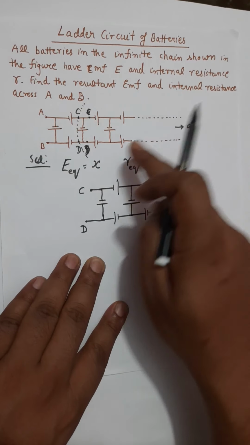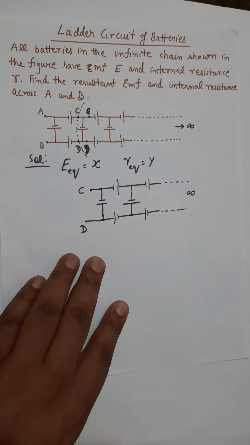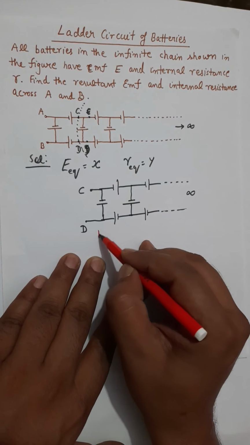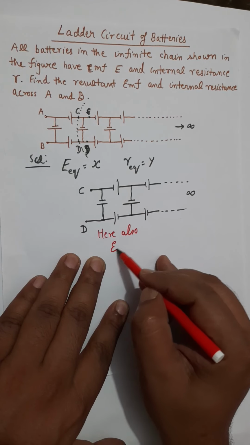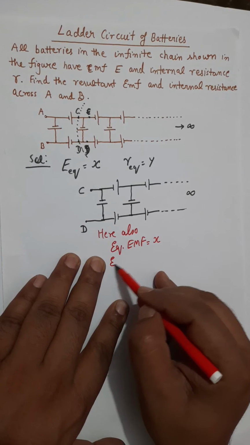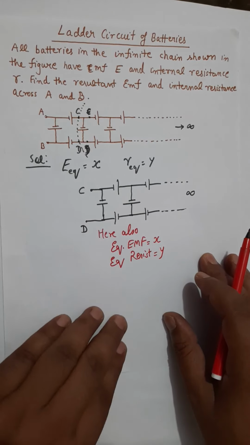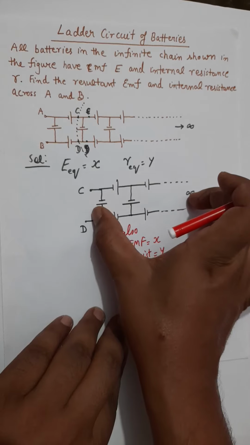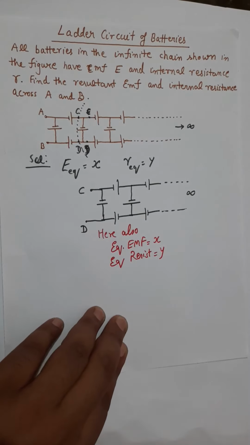So if this circuit has equivalent EMF X and equivalent resistance Y, by the symmetry argument or by the similarity between these two circuits, here also you can write that the equivalent EMF is X and the equivalent resistance is Y, right? Because the circuit between point C and D and up to infinity is similar to the circuit between A and B and to infinity. There is no difference.